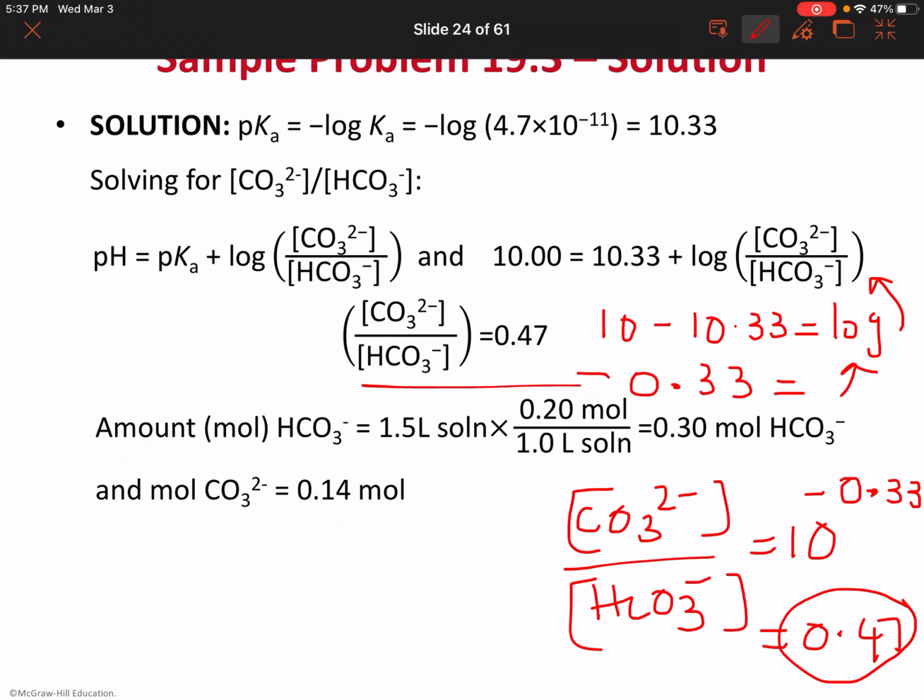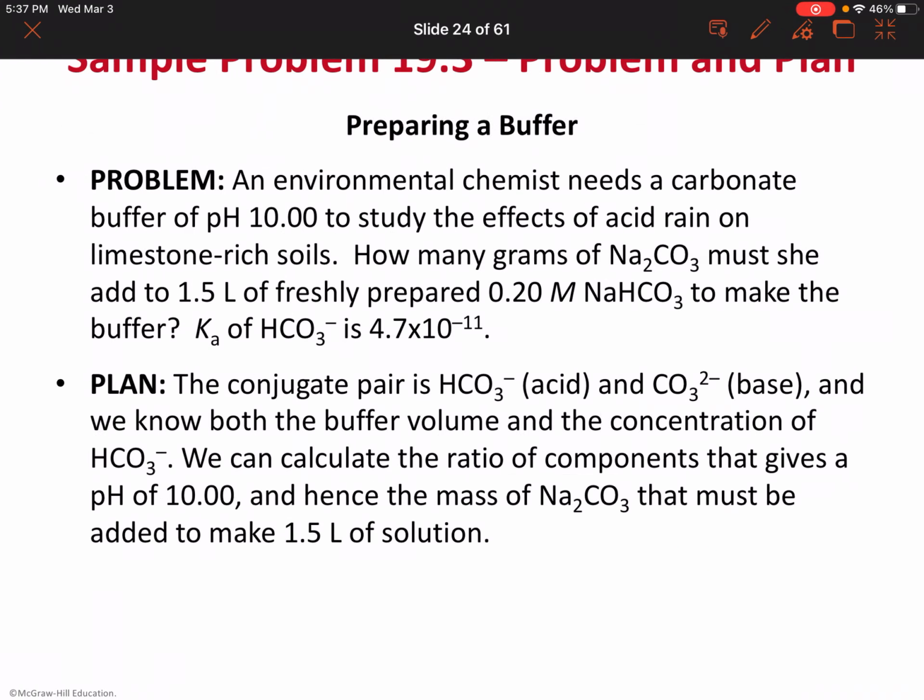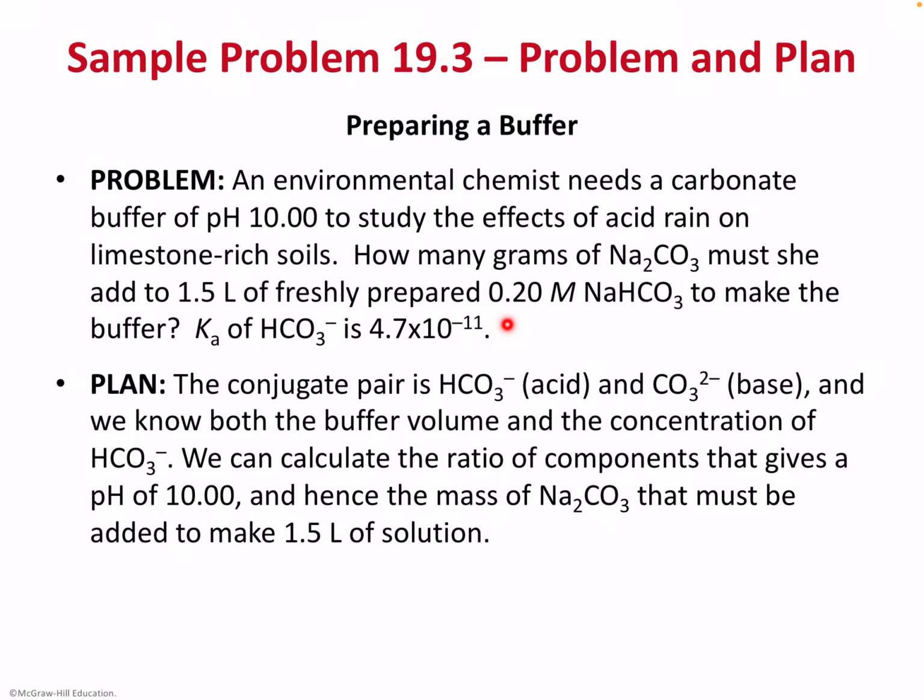Now from this ratio we are trying to find out the number of moles of hydrogen carbonate that we need. Okay, so in our question for hydrogen carbonate, it says 1.5 liters of freshly prepared 0.2 molar sodium hydrogen carbonate to make the buffer.